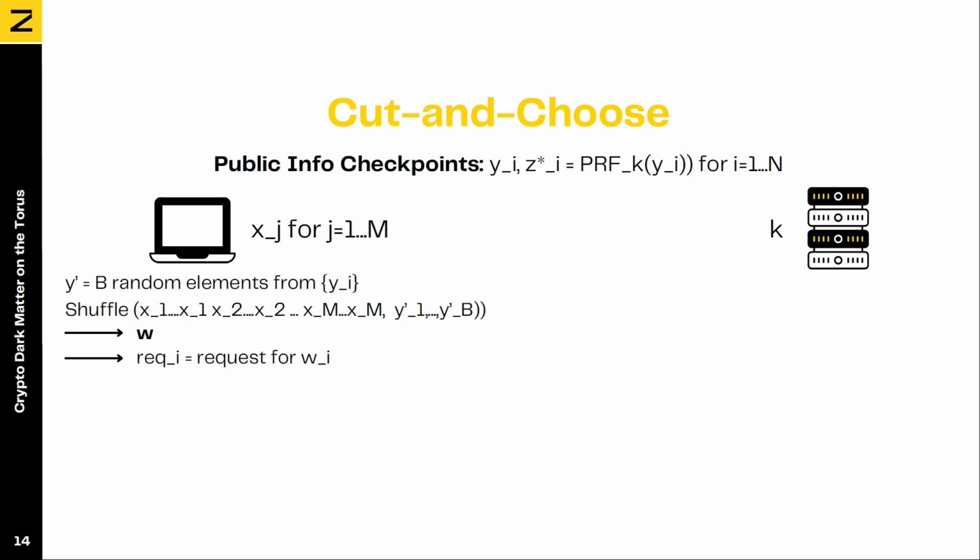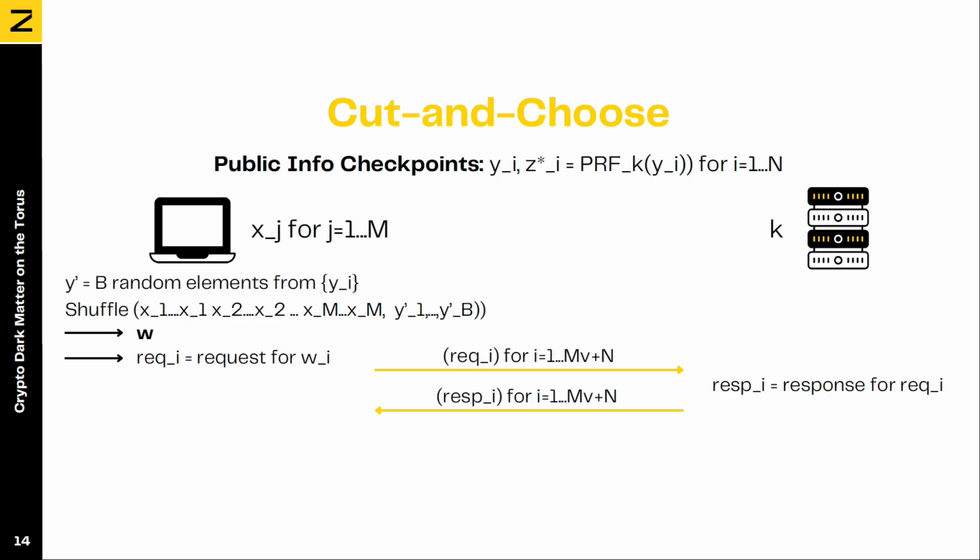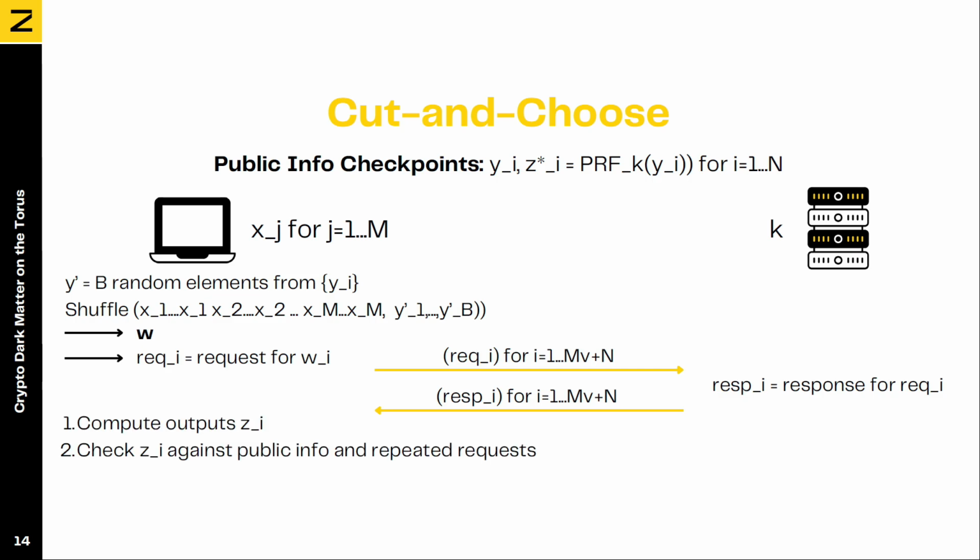And it shuffles these. In this way, it obtains a vector we'll refer to as w. It sends one request per entry of w, and then it gets back some responses, where the server crafts a list of responses. Then the client can decrypt all of the responses and check for consistency amongst the vector of outputs.